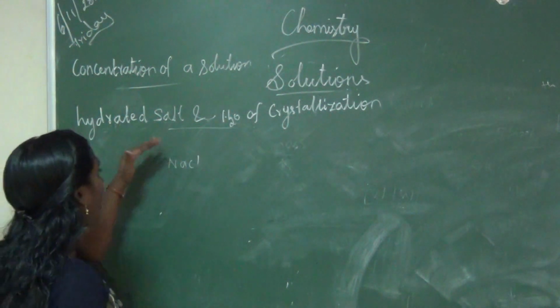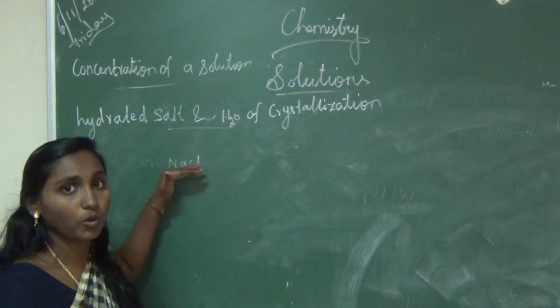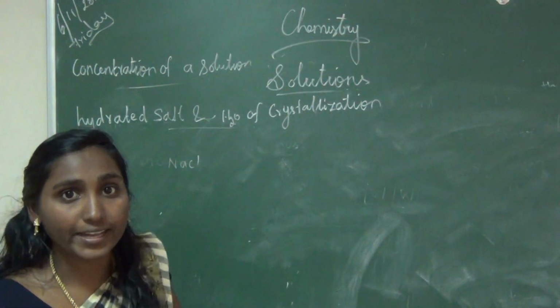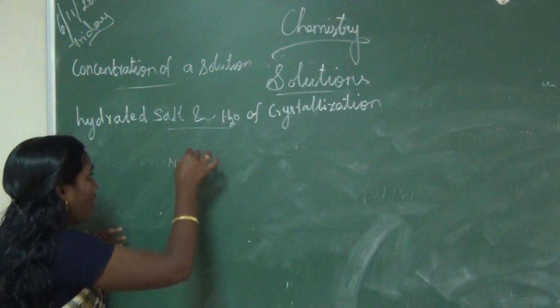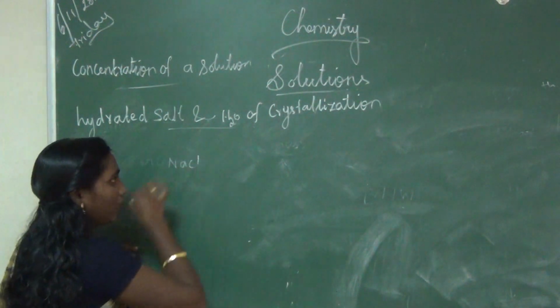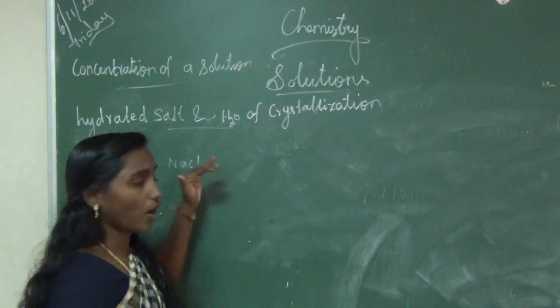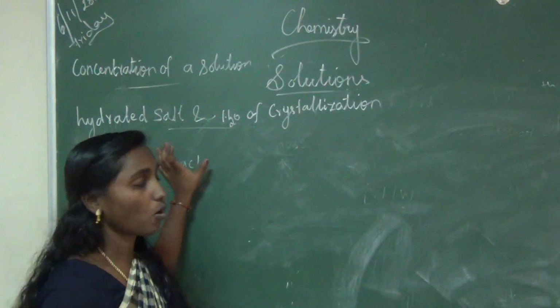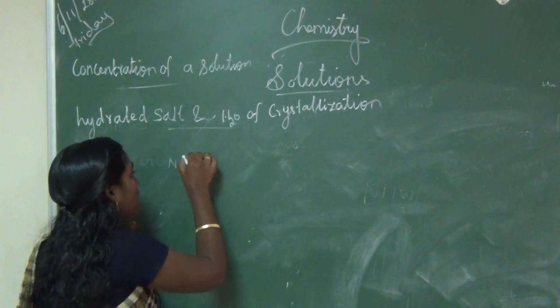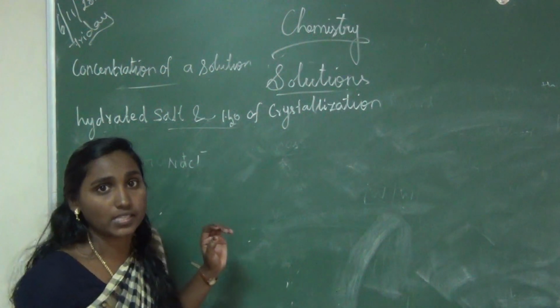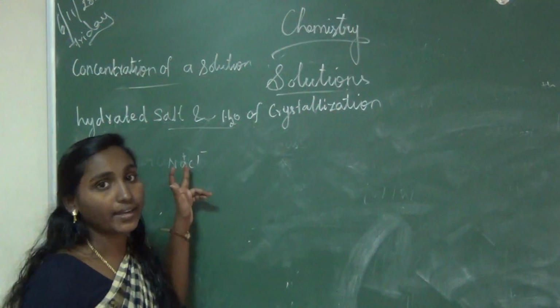Sodium chloride is an ionic compound. Why do we say sodium chloride is an ionic compound? Because when ionic substances are dissolved in water, they form ions, Na plus and Cl minus. So we call them ionic compounds.